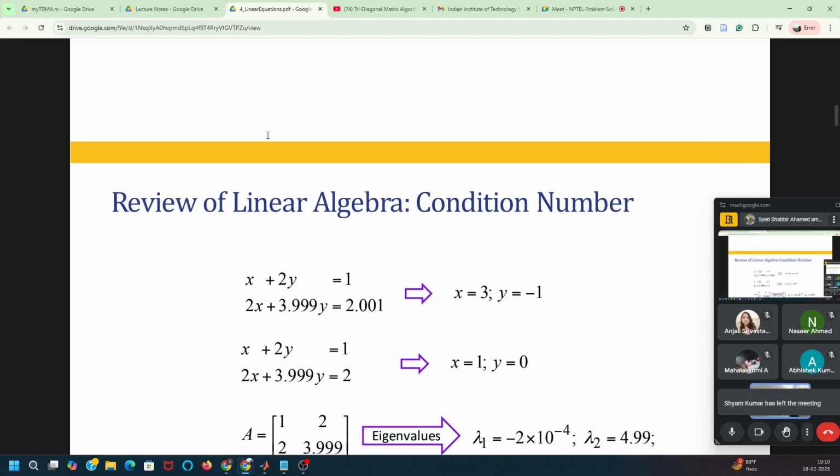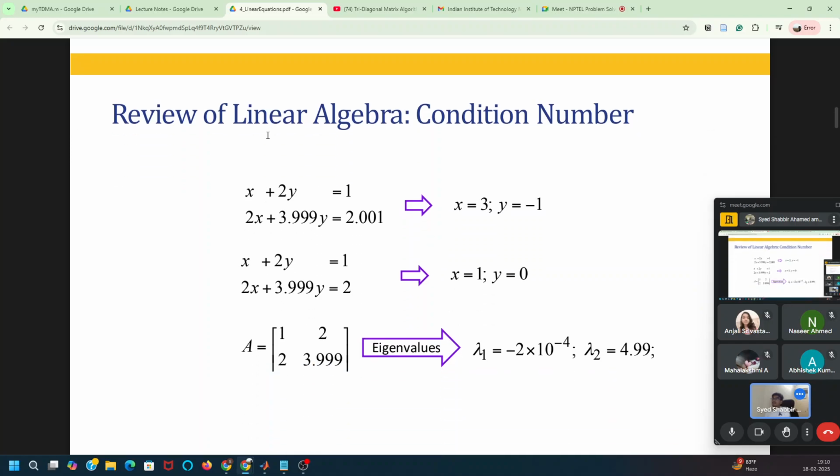There are a lot of techniques: by taking the matrix systems and their properties, we can do a lot of computations and find the solution of linear systems of equations. Sometimes it is possible to find the exact solution as a one-shot solution.